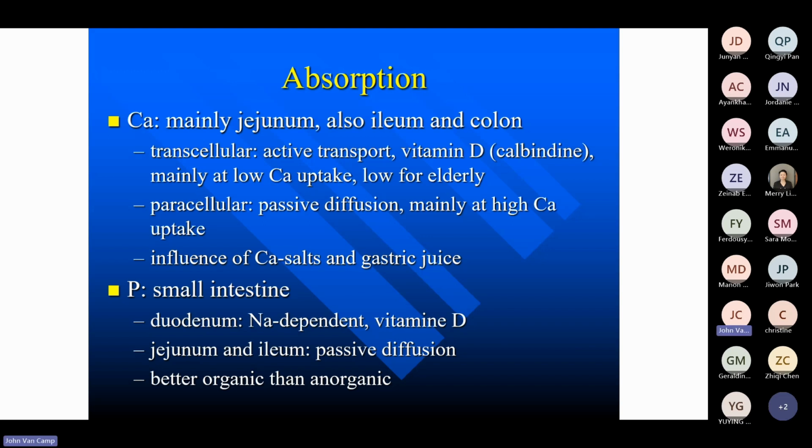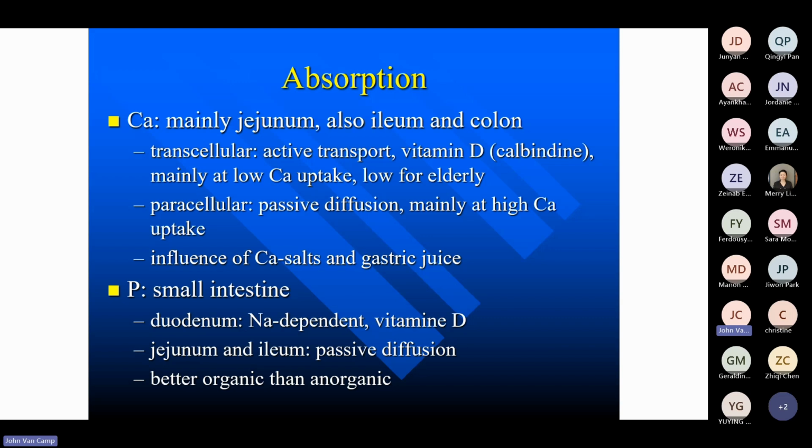And then the second option is paracellular, between the cells, and that is a diffusion process which mainly takes place at high calcium intakes. For example, the ones that take calcium tablets, you would have more calcium uptake just by classical diffusion. Then in that case, vitamin D is not needed. You can influence it by calcium salts and gastric juice.